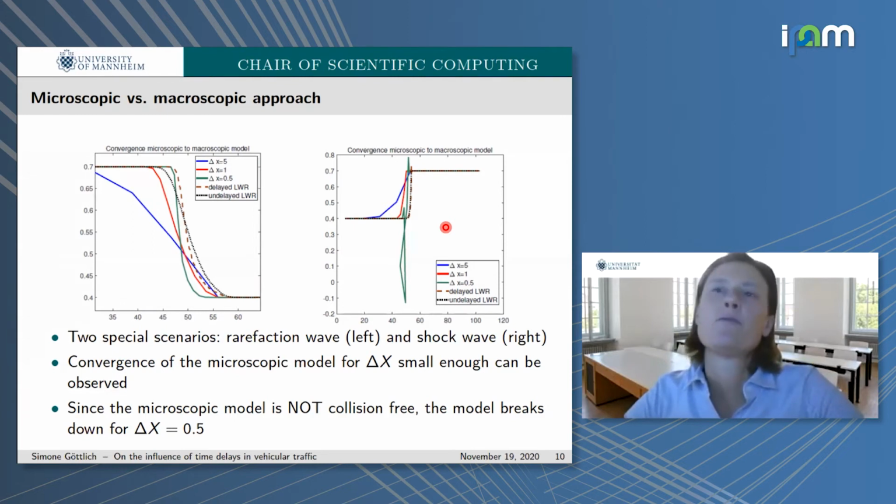If we go back to the models, we see that the microscopic model is not collision-free. That means it could be the case that if a car reduces its velocity or the velocity totally breaks down, the delay is not able to capture this behavior. So it might be the case that with the wrong mixture of delay and inter-spacing scaling, such a behavior can be observed.